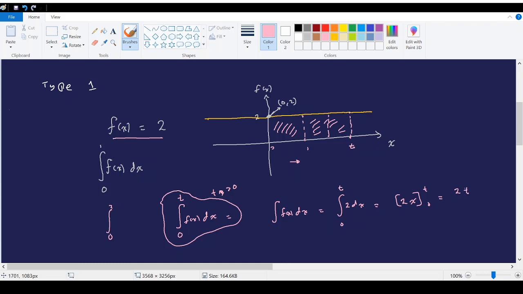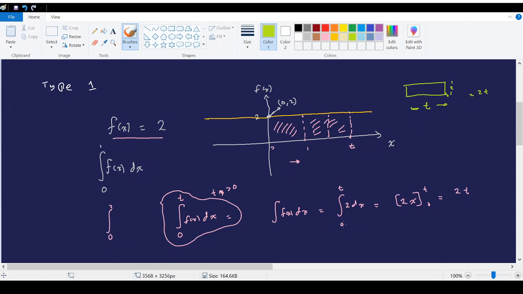Even without completing the integral, just by looking at this diagram we can see that you have a rectangle. The area of the rectangle is length times breadth, which is 2t.